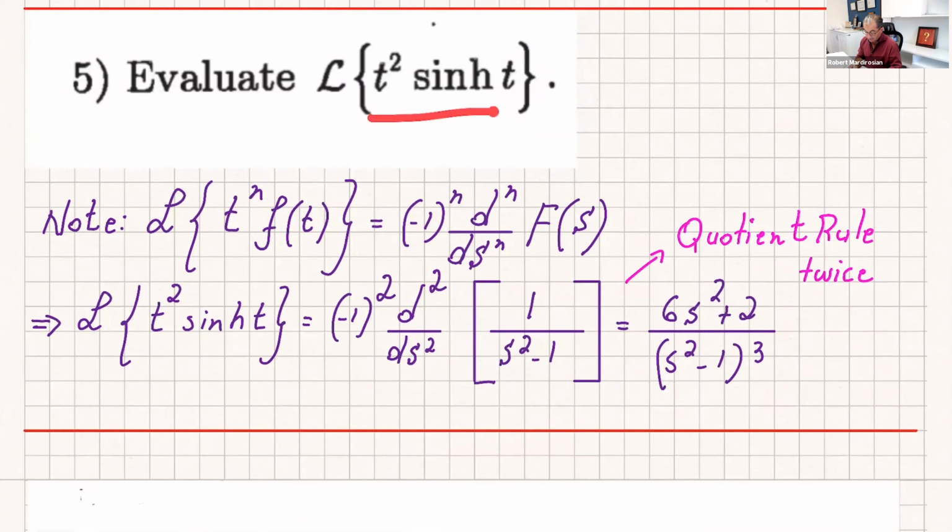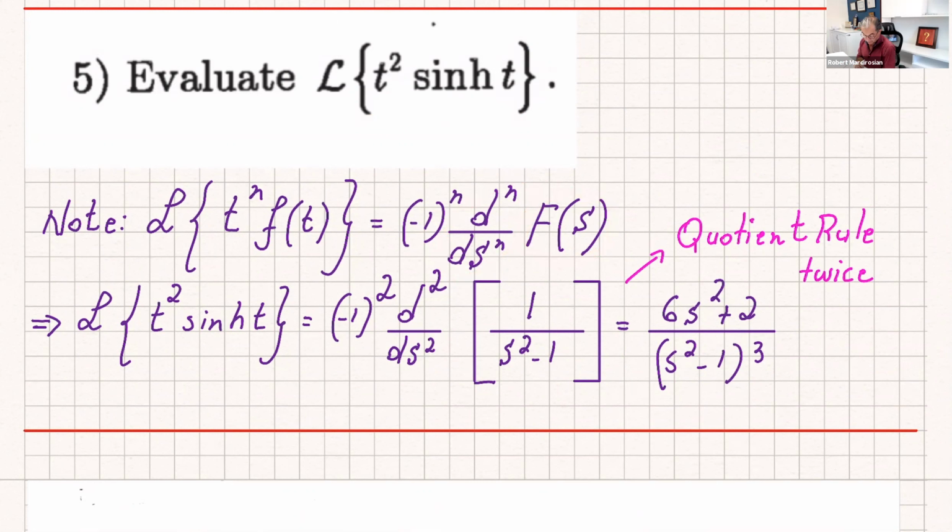Now let's see, this is the same type. If you have the Laplace transform of t to the power of n times f of t, the way you write that is (-1) to the power of n, and the nth derivative of the Laplace transform.